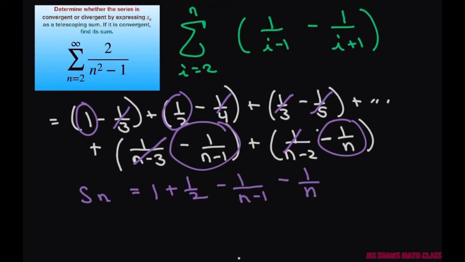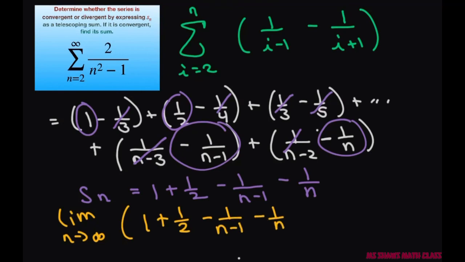So taking the limit as n approaches infinity of 1 plus 1 half minus 1 divided by n minus 1 divided by n. Both of these terms will go to 0 because the denominator will get very large, and we're left with 1 plus 1 half, and that equals 3 halves.